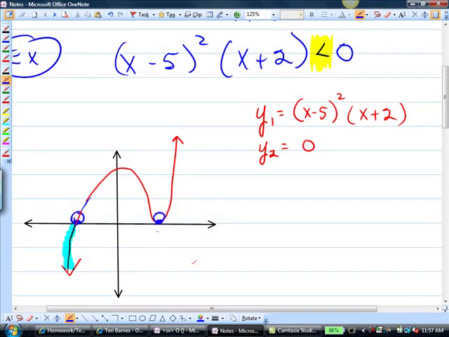How do you do that? Second, calc, and 5, which is intersect, and you hit enter 3 times. It will take you to the first one, or one of these, and then you'll repeat it to get this one. So we need to know what these numbers are.